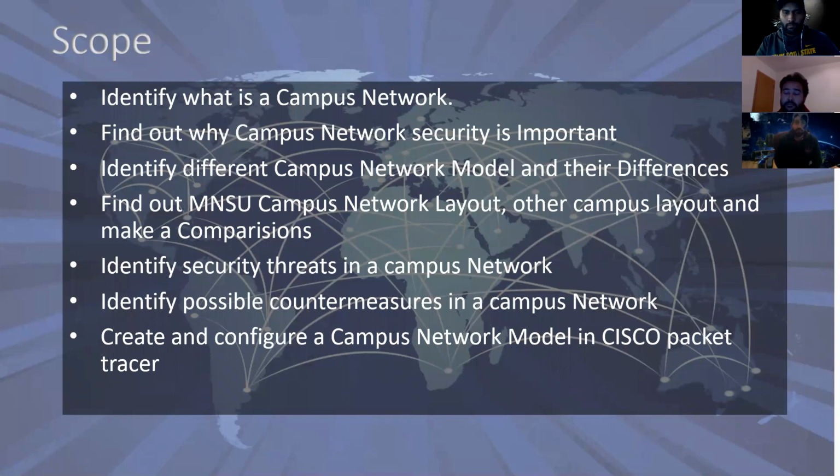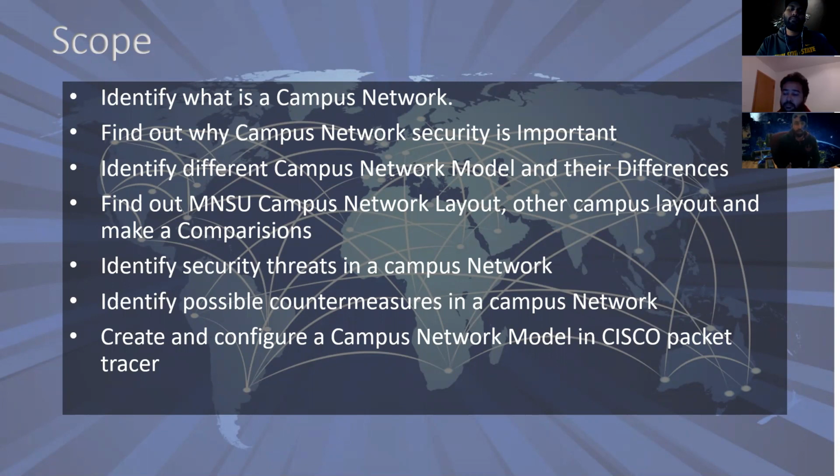First, we need to identify the scope of our project. First of all, we need to identify what a campus network is, and then why campus network security is important, and show viewers how a campus network works.